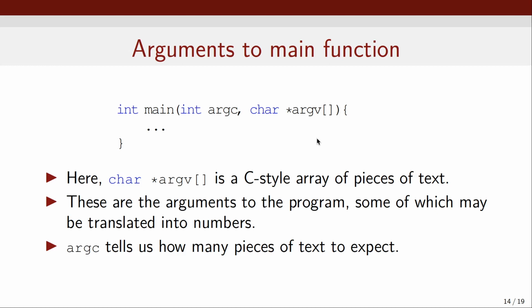And we will see in a minute that argv[0] is the name of the program. After that, every element like argv[1], argv[2], and so on, up until argv[argc - 1], is a command line argument.